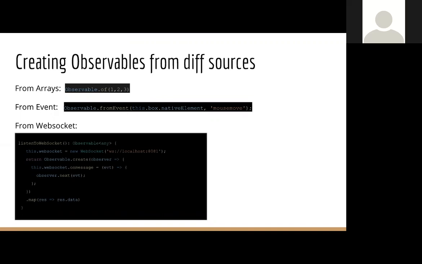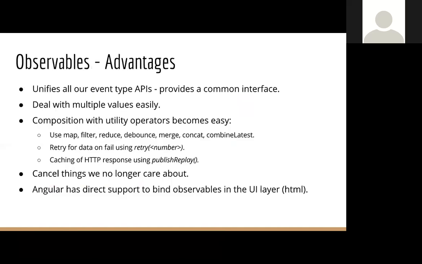If you want to have an observable from an event, you can do something like this.box.nativeElement and the event name. So the box is the element, and this string specifies the event name, meaning whenever I do a mouse move on the box, it will give me new data. Okay.